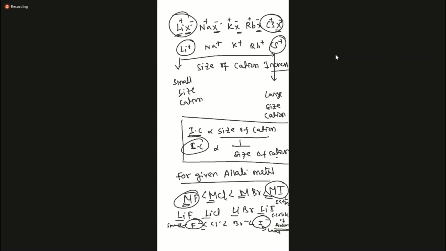Sir, M is lithium. Yeah, LiF has large ionic character. LiI is more covalent character. Correct. Okay. So now, going like this, what character increases? Covalent character increases.